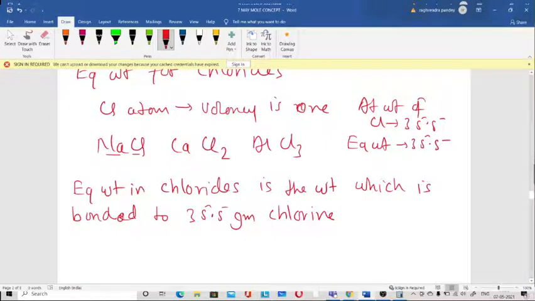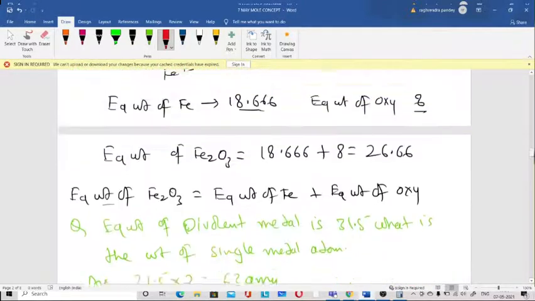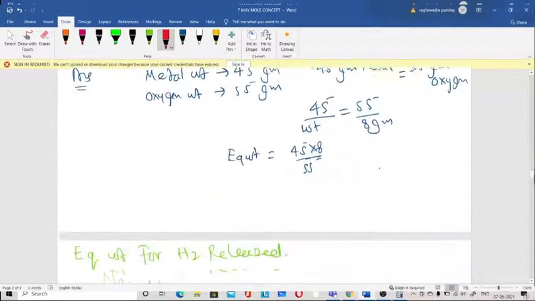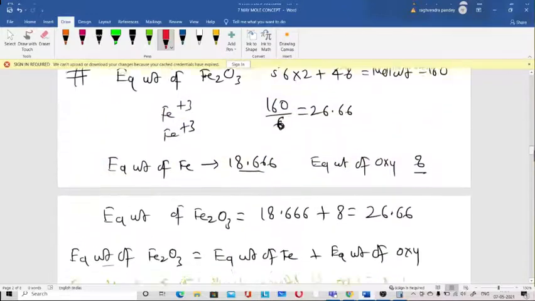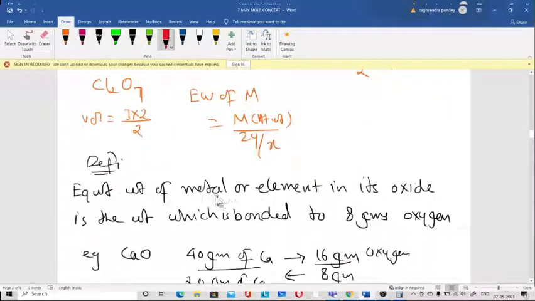So according to the definition, the equivalent weight of a metal or element in its oxide is the weight which is bonded to 8 gram of oxygen. The equivalent weight of oxygen is 8 gram. So that's why we take 8 gram of oxygen, and that corresponds to the equivalent weight.